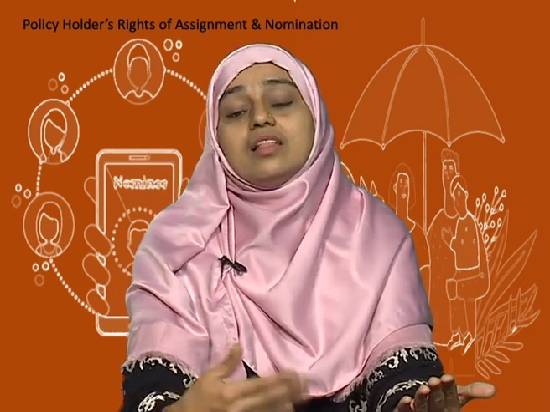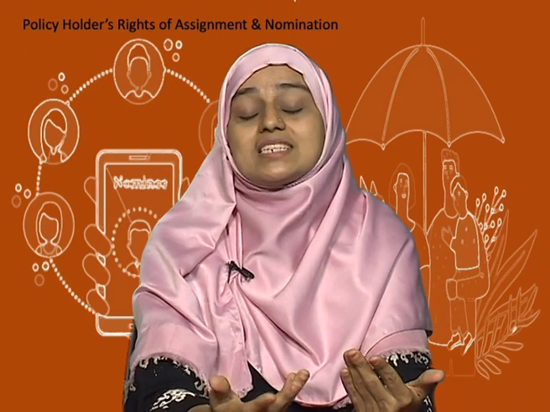But during the course of the policy, I have assigned the policy to my son. Now when I have assigned the policy to my son, the nominee who was earlier my spouse now stands cancelled because I have assigned the policy to my son. So now it is in the favor of my son to take whomever he wants as a nominee, but the original nomination will stand cancelled. So assignment will lead to cancellation of the nomination.